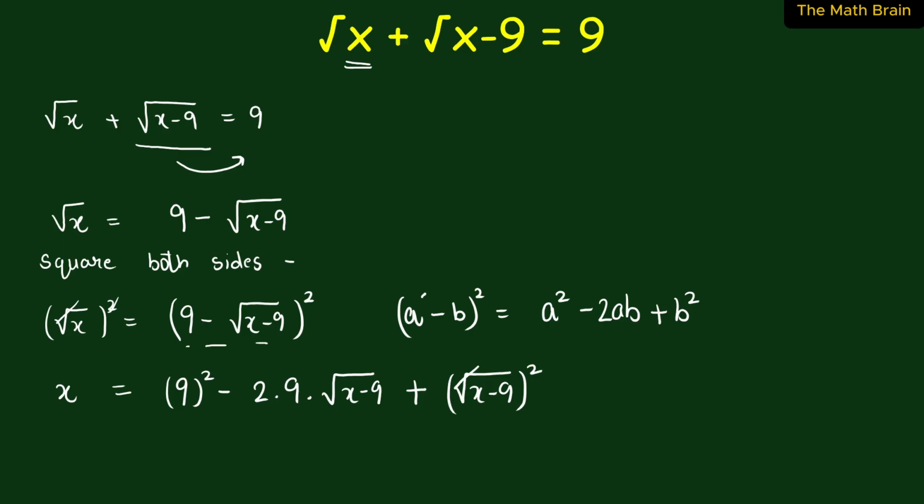So here this square and under root will cancel out. We are left with x is equal to 9² is 81 minus 9 2s are 18 √(x − 9) plus x minus 9.